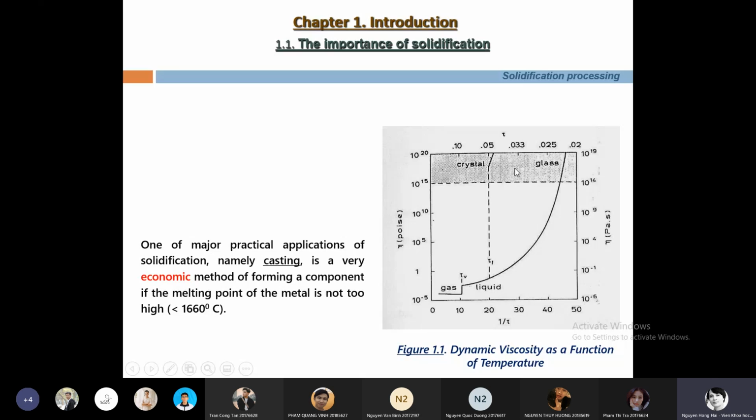We pay a lot of energy to make the detail, the component. So it is more economic to make the component from the liquid. More economic. That is why solidification, and its major application, casting, is the most economic way to make a component.